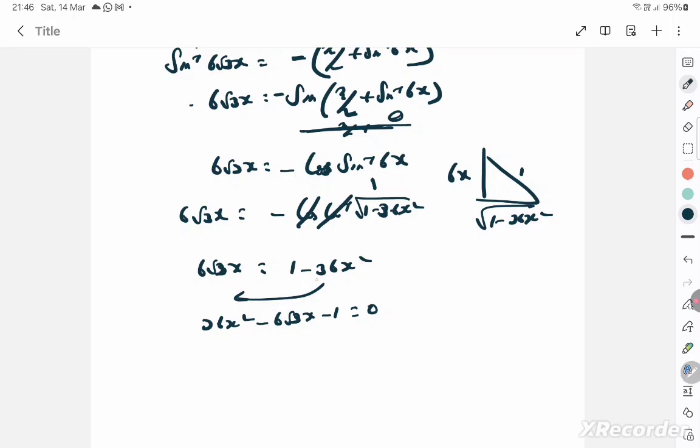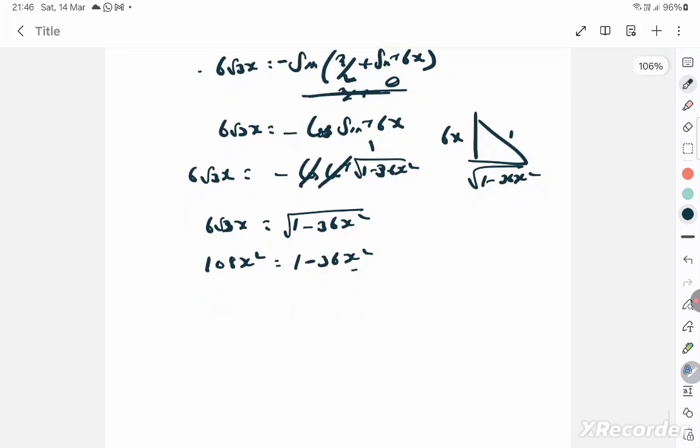Oh, there is a root here, and so I could have squared both sides in here. So it's 36 into 3, which is 108x square, is equal to 1 minus 36x square. So then you can consolidate this and you get 144x square is equal to 1, x square is equal to 1 by 144. x is equal to plus or minus 1 by 12.